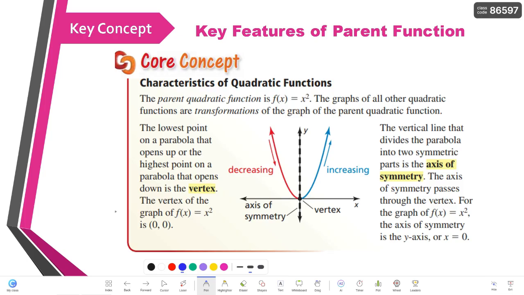In this slide, you can notice the parent quadratic function written in this form, f of x is equal to x squared, where a is equal to 1. The graph takes a U shape, and you can notice that this graph has two sides. One of them is red, another one is blue, and it's written here as decreasing and increasing. We have a vertex, we have an axis of symmetry. All of these key features, we're going to discover step by step together.